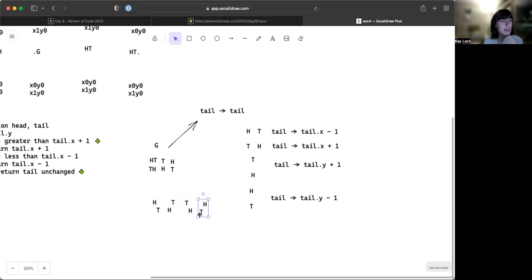Are there any other combinations of these? I think this is right. So this one results in actually nothing. So this is the same, this is the same, this is the same, this is the same.